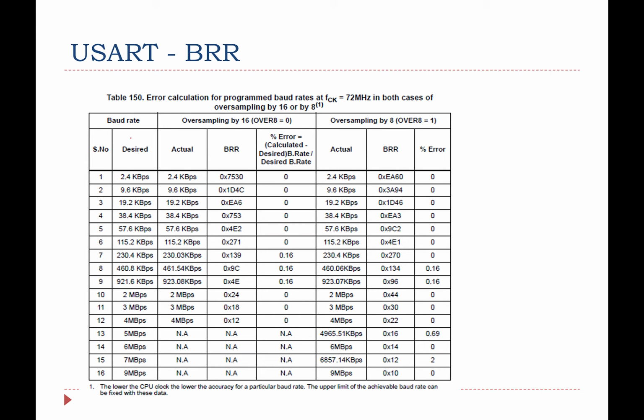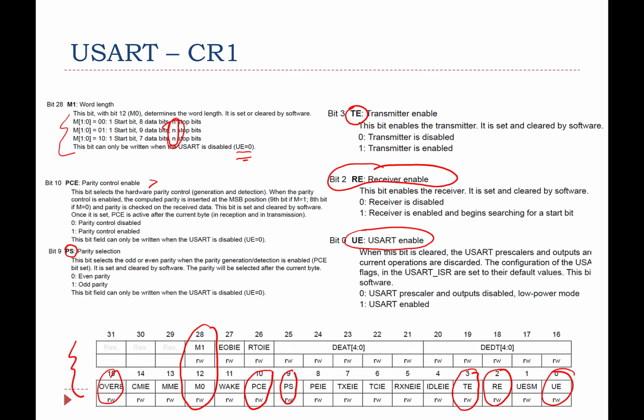Okay, here's the last slide that I was going to really talk about in terms of the baud rate register. You can see what you have here is, depending on the oversampling that you choose, if you choose oversampling by 16 with over 8 equal to 0, or oversampling by 8 with over 8 equal to 1, and remember that's bit 15 over here.